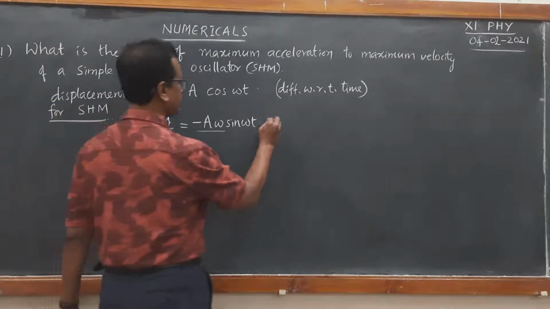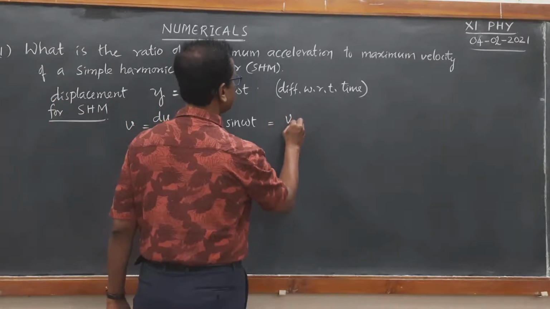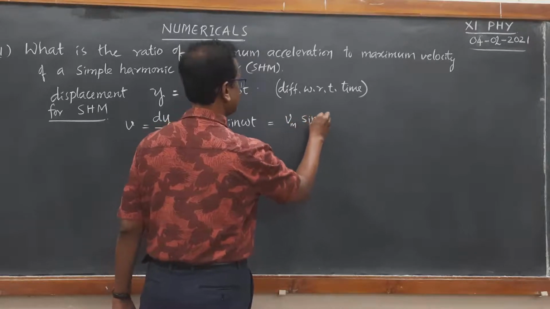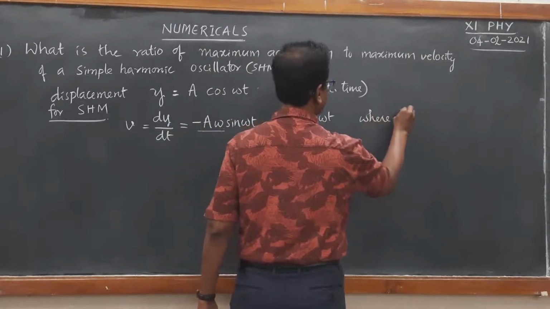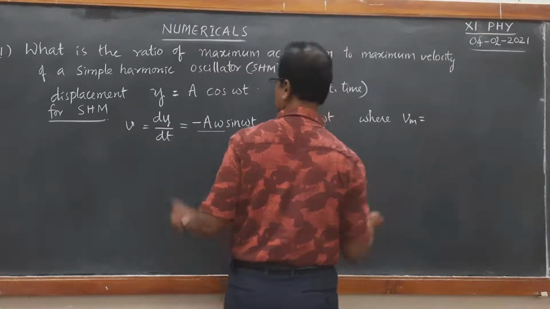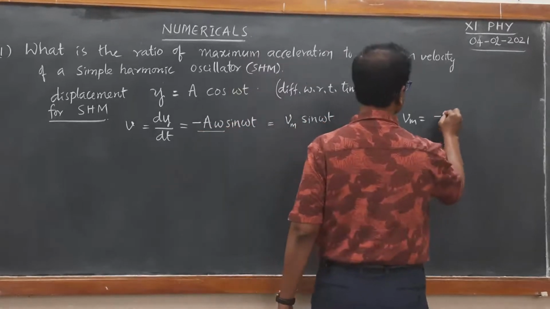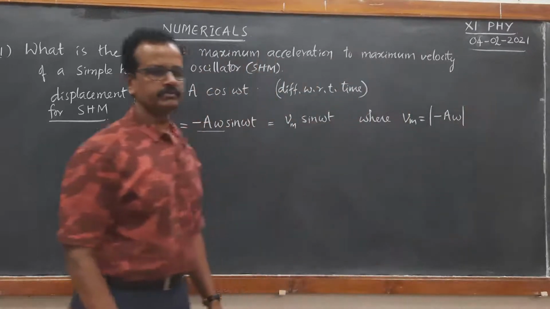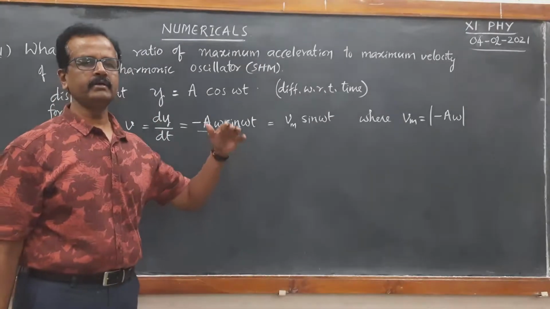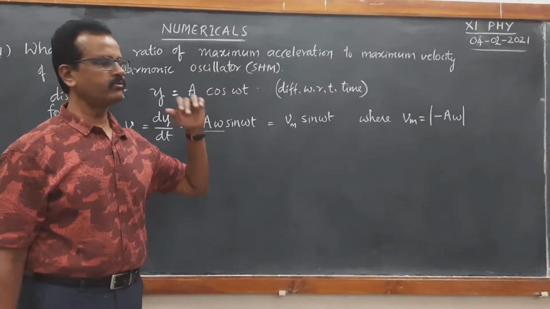So this I can write as V naught or Vm sin omega t, where Vm is equal to minus A omega, which you can take as magnitude, because it is always varying between plus A omega and minus A omega.